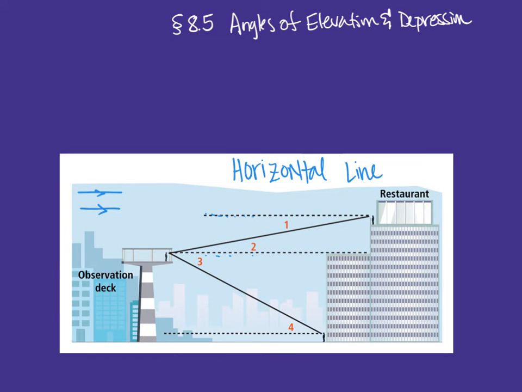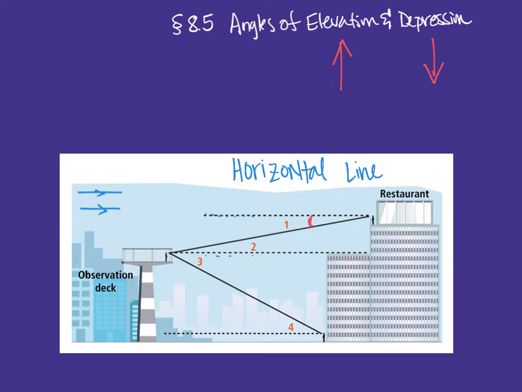So we can either have an angle of elevation or an angle of depression, and it's really just like it sounds. Elevation is when we are looking up. Depression is when we are looking down. So if we start with the little guy up here by the restaurant, if he is looking down towards the observation deck, he is creating an angle of depression.